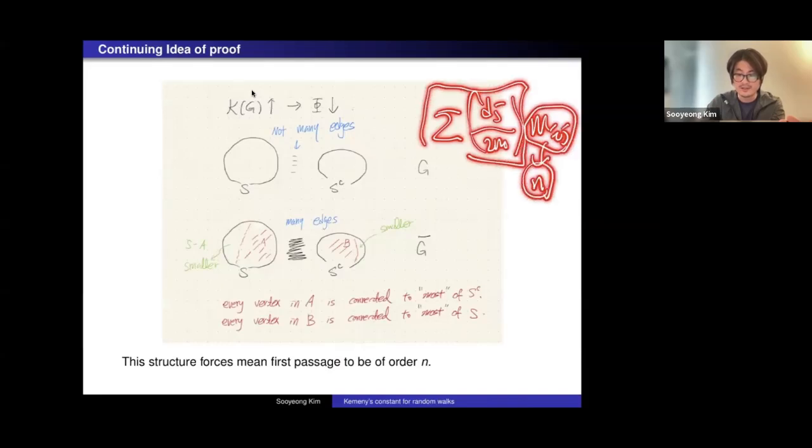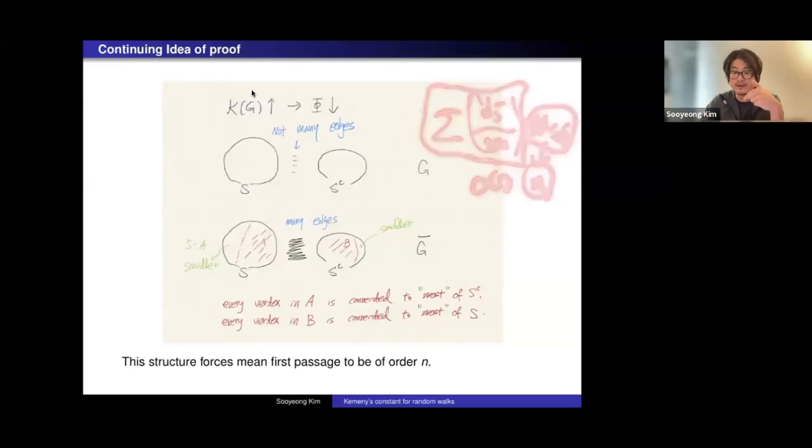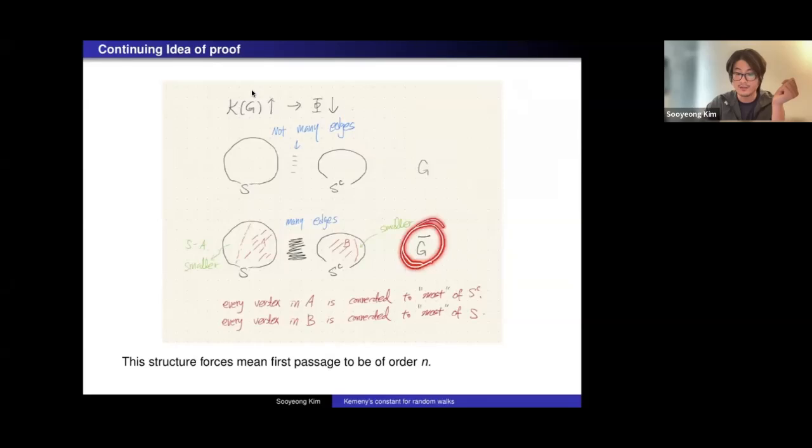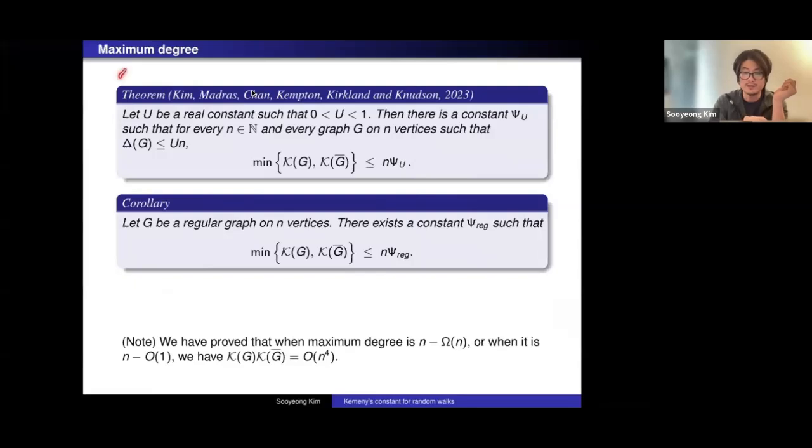Then this part is going to be big O of 1. So this implies that Kemeny's constant of this complement is going to be of order n. This is the big picture of the theorem, and the details of these things require a lot of work. And then, okay, so here we have seen this theorem, right?